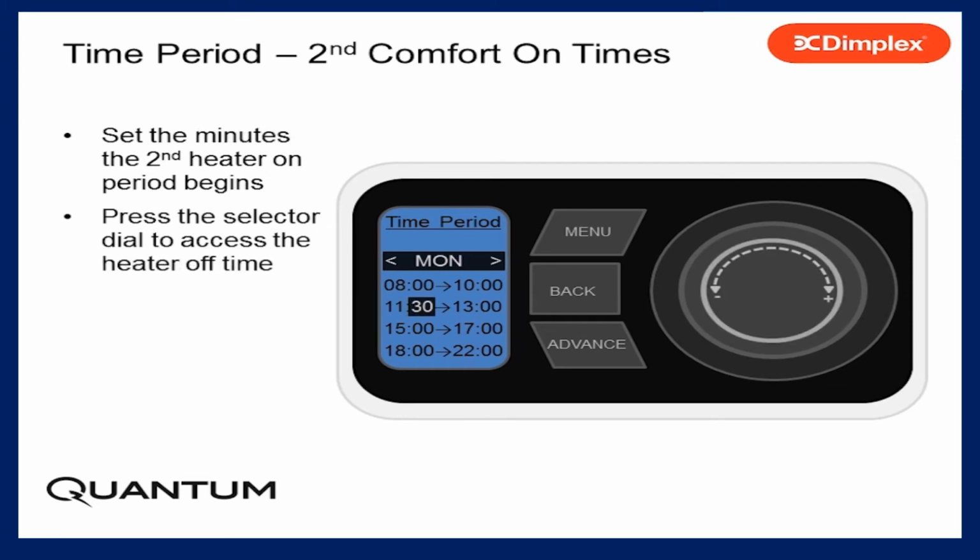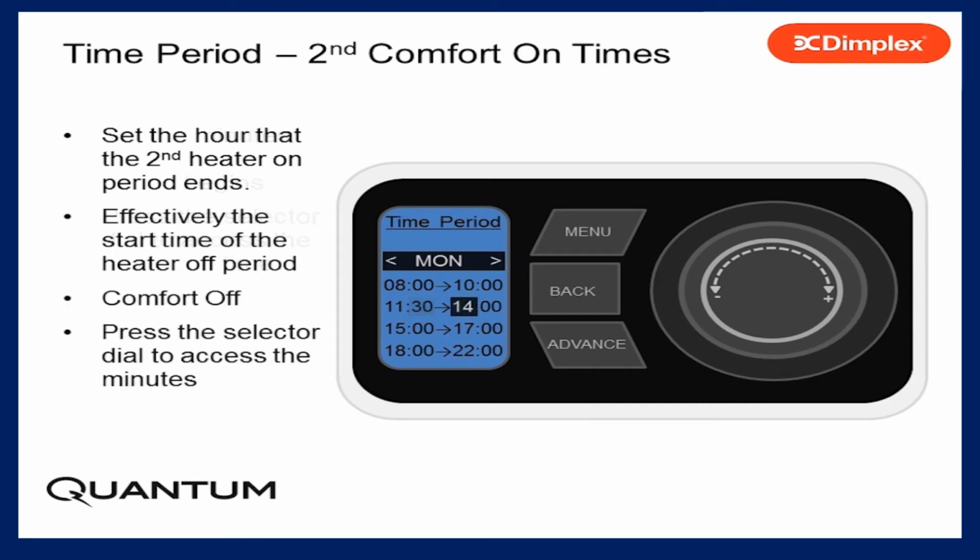Set the minutes the second heater on period begins and press the selector dial to access the hours. The hour that the second heater on period ends is effectively the start time of the heater off period and comfort will be off. Press the selector dial to select minutes.